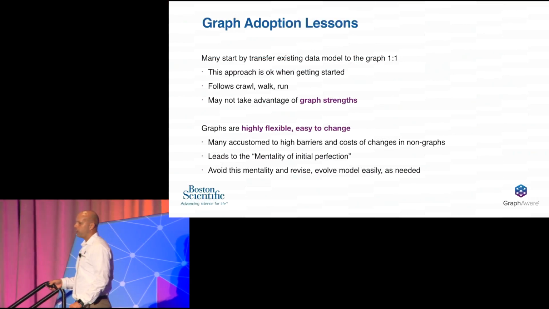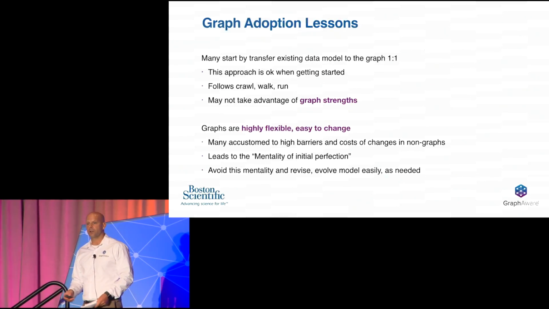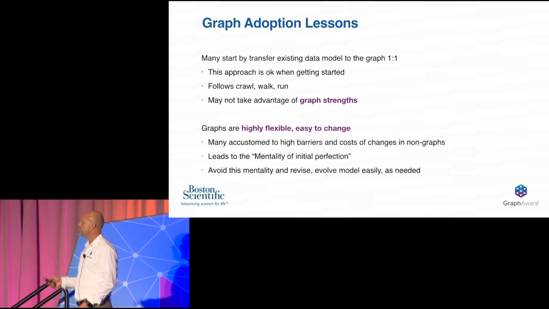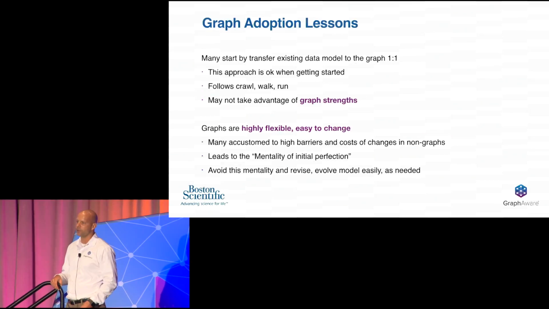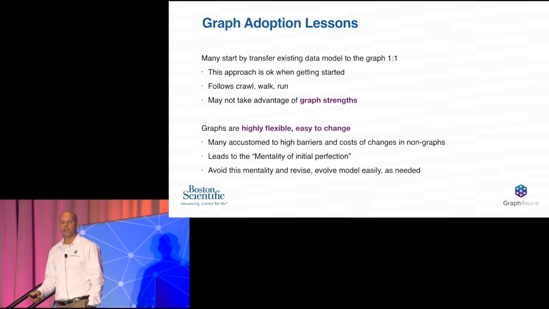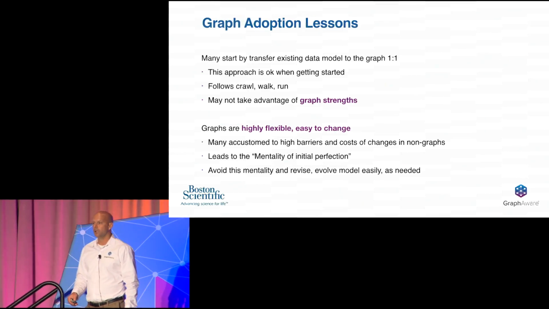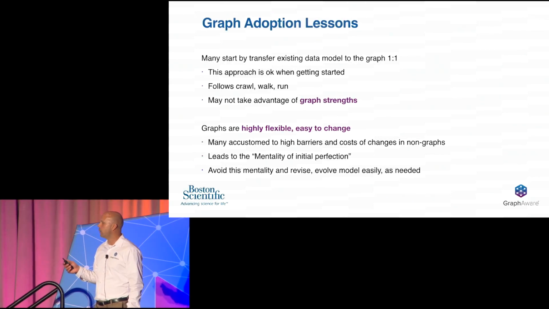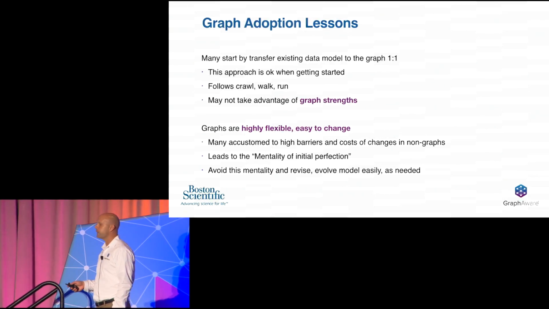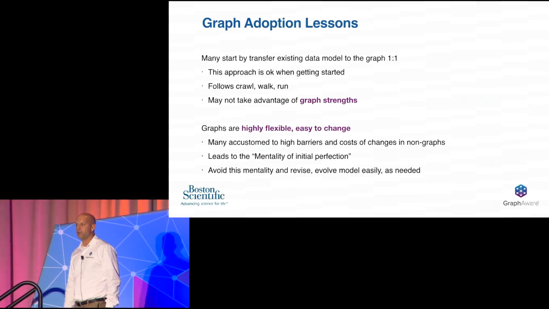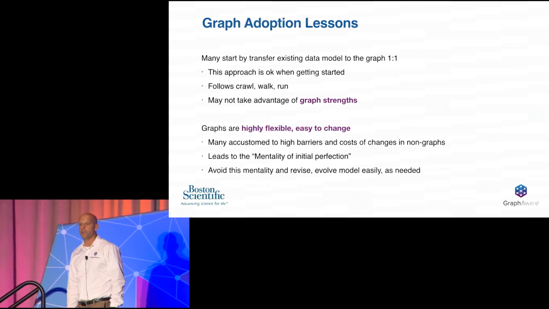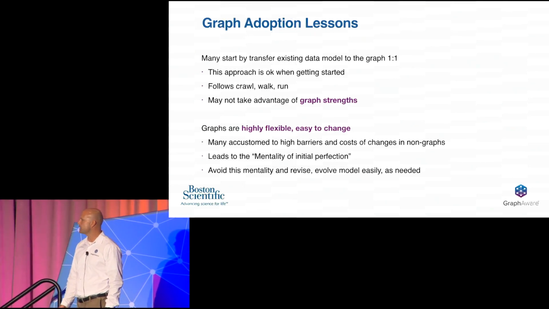So at GraphAware, again, we work with a wide range of clients across the globe, and we see traits of Boston Scientific across many other clients getting started in adopting graphs. The first point is that many organizations start out by transferring their data into Neo4j very much one-to-one the way it exists in their source systems.